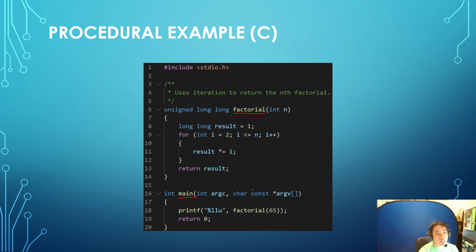Yes, it works because I'm using the long type, which is a large data type. So what this essentially does is it prints out the 65th factorial, which I'm not going to tell you what the huge number is because it's huge. So that is procedural programming. We just split the program into different functions and we run them.